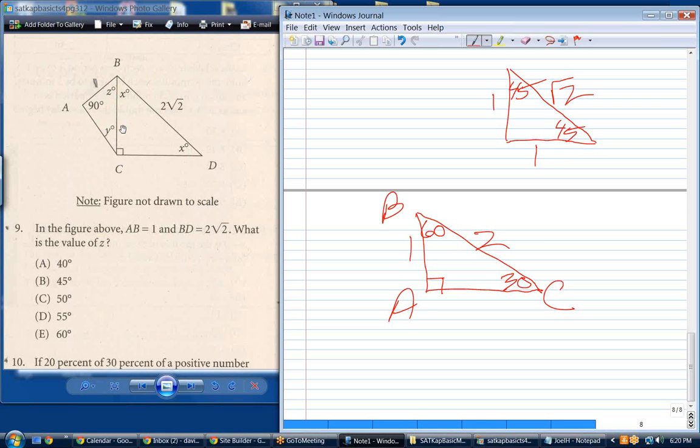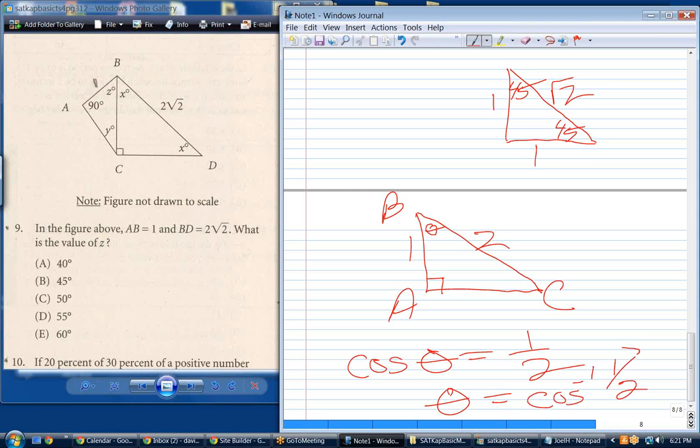You've had some trig, right? Yeah. Okay, well notice that I don't really need to recognize this as a 30-60-90 triangle. They're just asking about that angle, theta. Well, the cosine of theta is equal to 1/2, which means theta is the inverse cosine of 1/2, which you could look up on your calculator and it'll tell you 60 degrees.